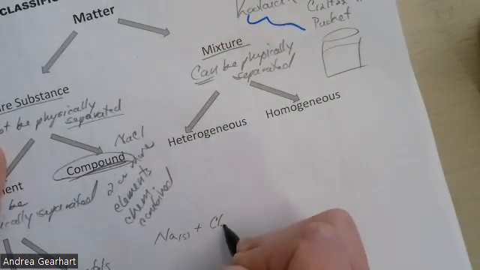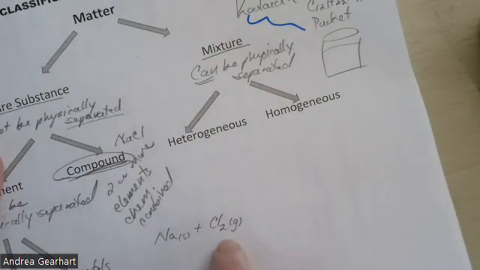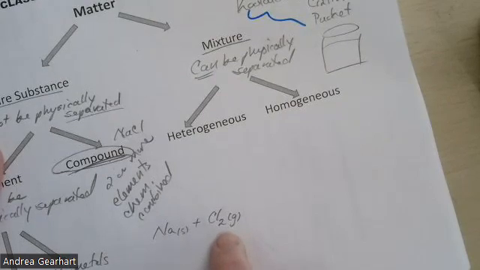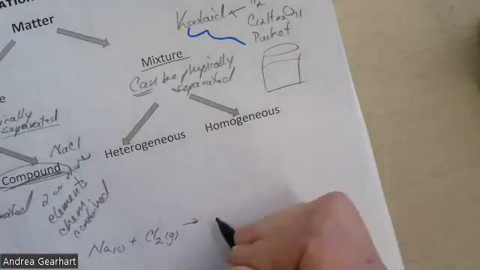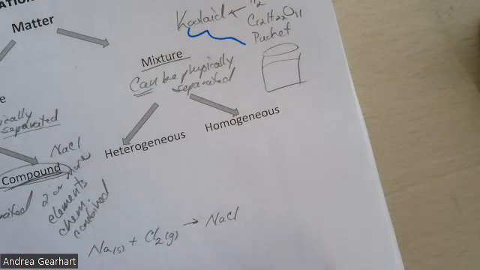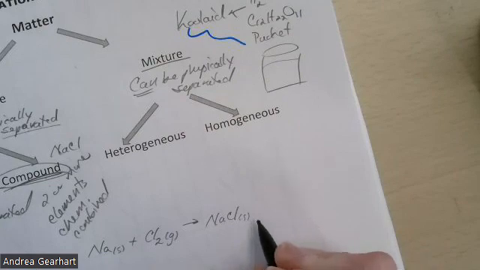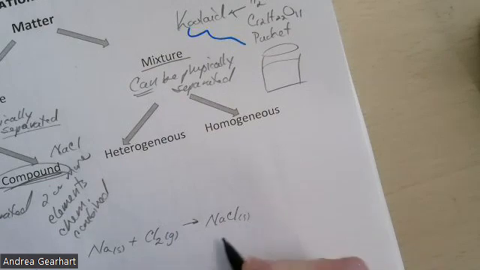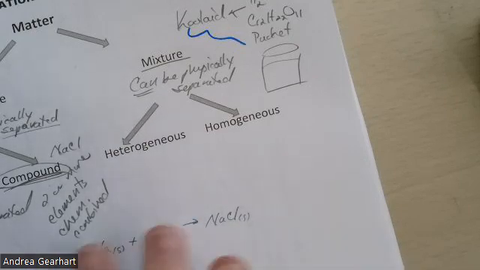If we react that with chlorine gas, which is pale yellow and toxic even in very small amounts, and combine them chemically, we form sodium chloride, an ionic compound that is a white crystalline solid, soluble in water, and we need this in our diet to live and operate healthily. So even though it's made of sodium, when sodium combines chemically with chlorine, totally new properties result. It's a chemical change.